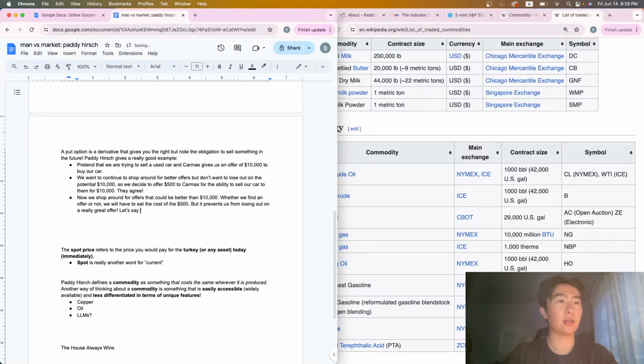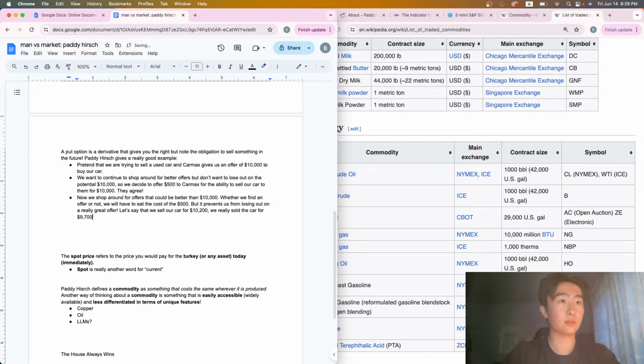Let's say we sell the car for $10,200. We really sold the car for $10,200 minus $500, which gives us $9,700.